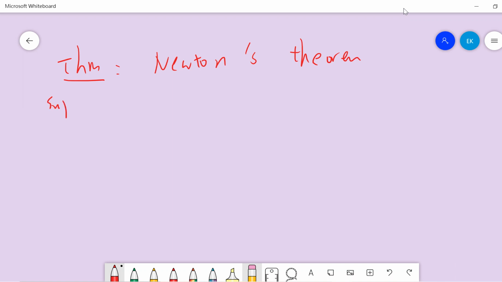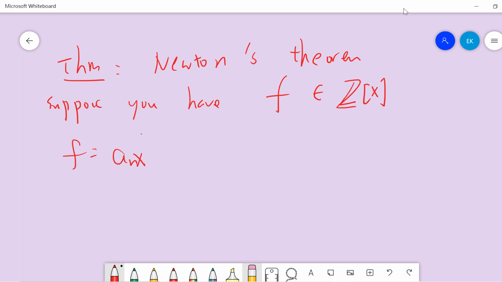Basically, suppose you have a polynomial with integer coefficients. Basically, f is of the form a_n x^n + ... + a_1 x + a_0, when f is non-zero.